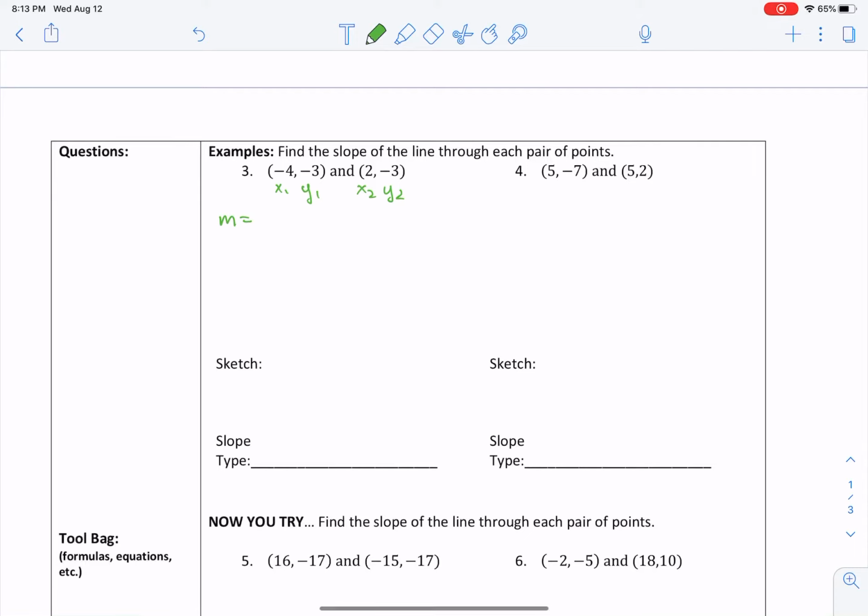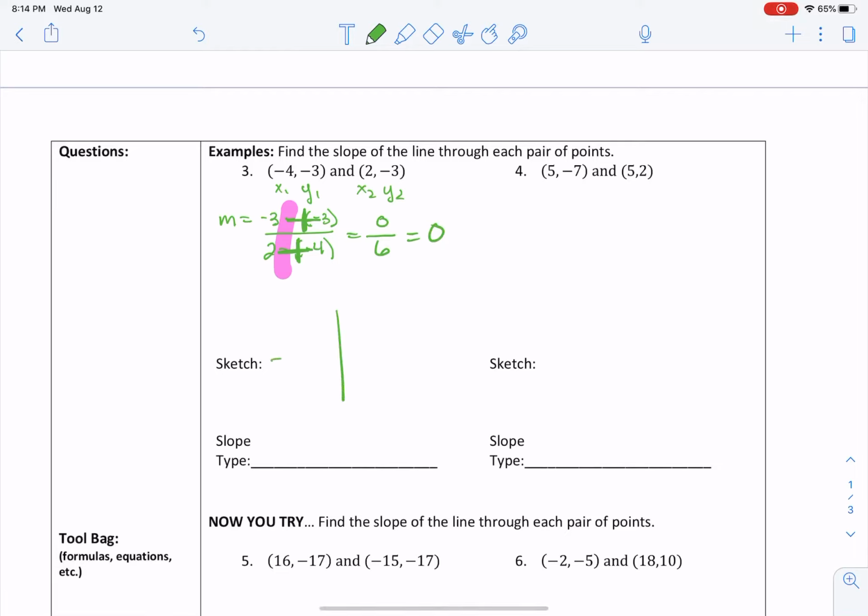M equals Y2, which is -3, minus -3, over 2 minus -4. These stay positive to start with, but then we change them to plus and plus. -3 plus 3 is 0 over 6, but 0 divided by anything is 0.